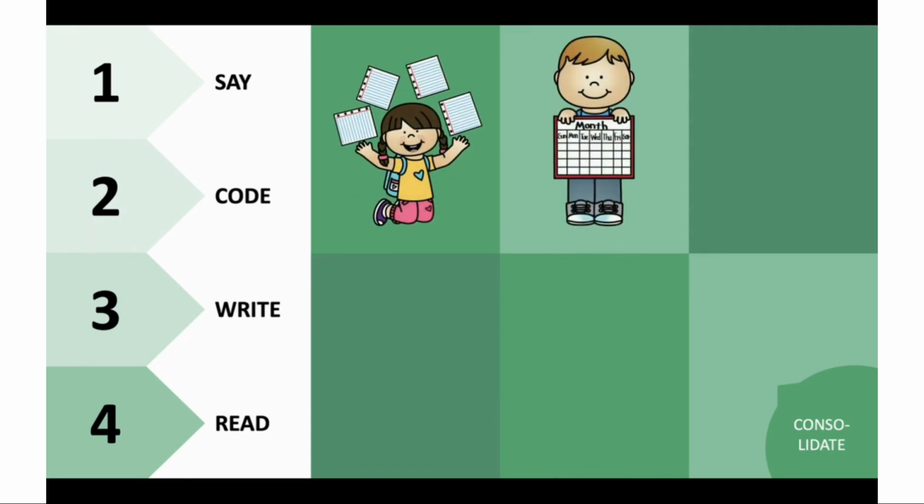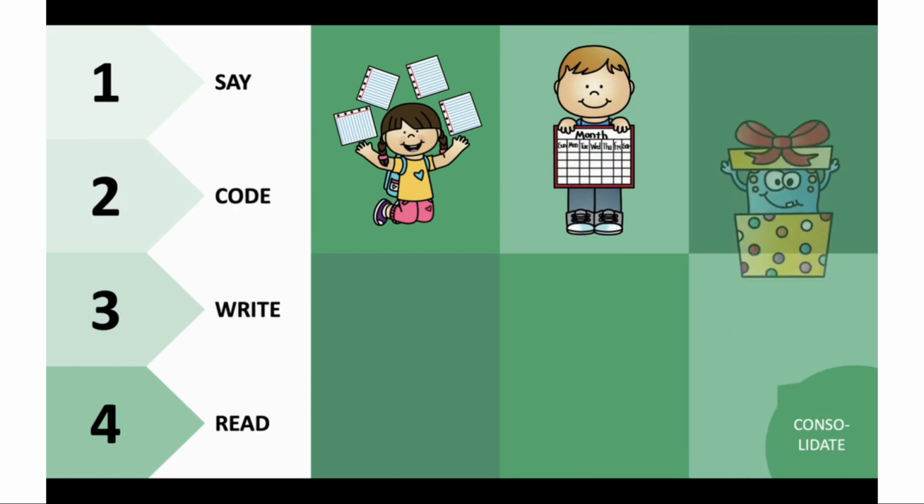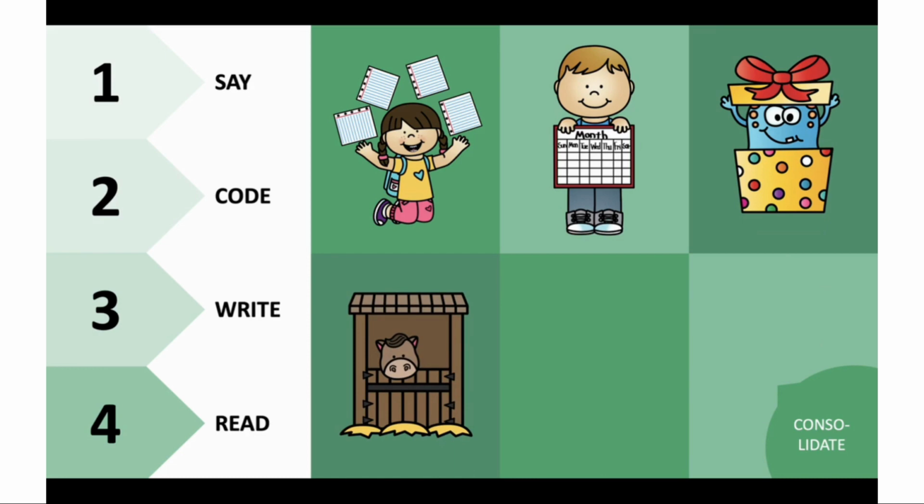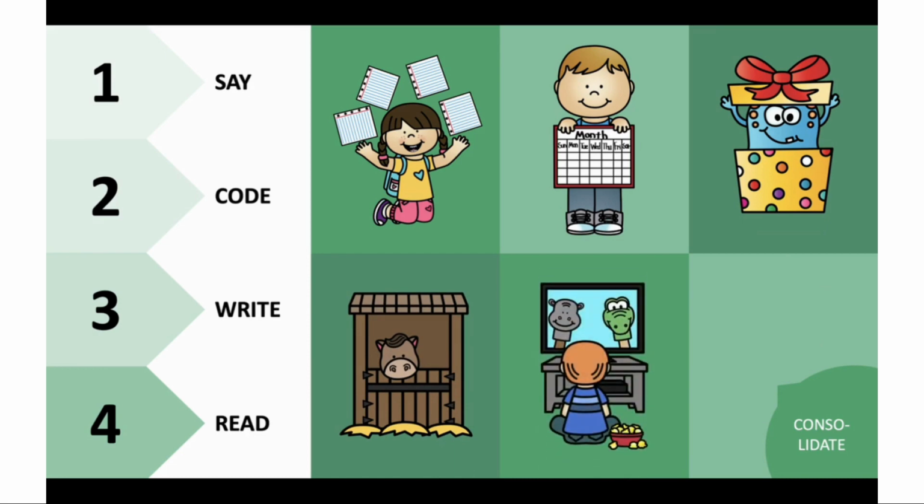Paper, April, crazy, stable, fable. Boys and girls, fable is like a story. And tornado. Yes, these are the words that I would like you to build on your whiteboard.